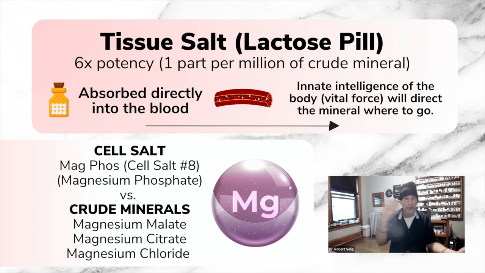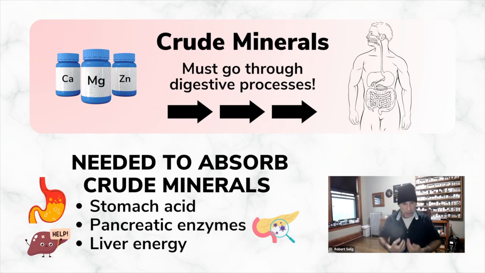For example, if we're taking cell salt number 8, which is magnesium phosphate, we take that mag phos sublingually, it gets absorbed. Whereas if we're taking a crude mineral, a magnesium malate, a magnesium citrate, a magnesium chloride, or whatever form of magnesium we're taking, it has to go through the digestive processes.